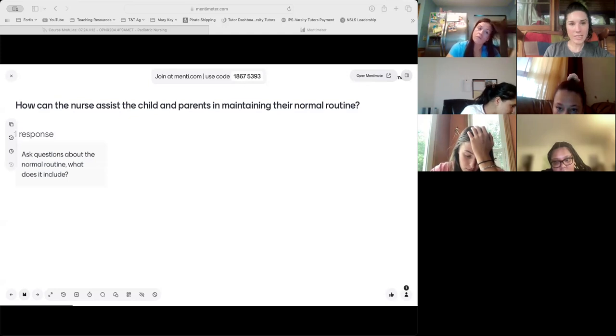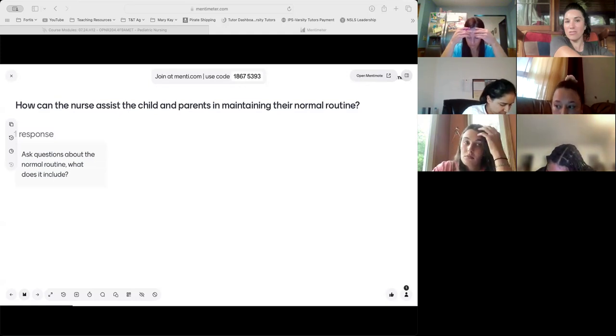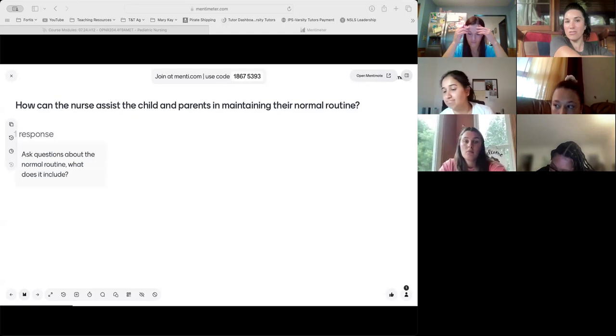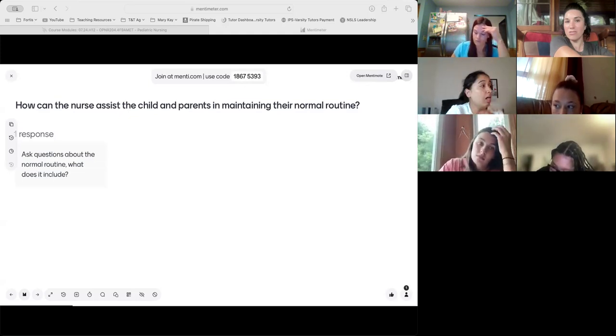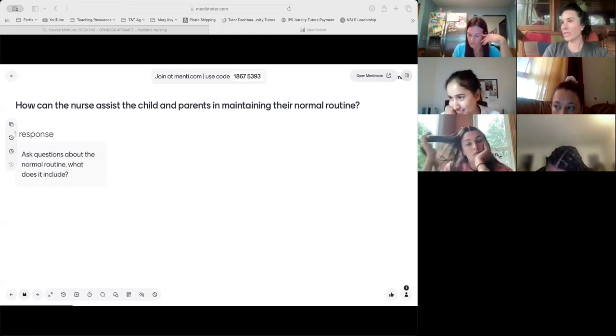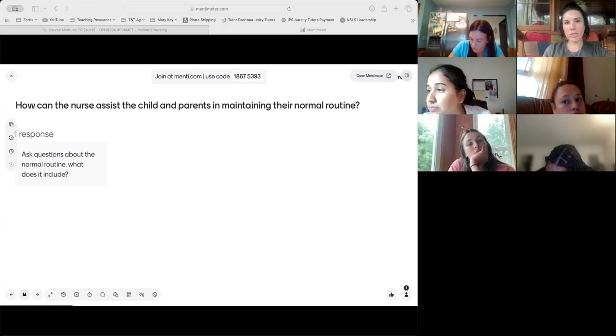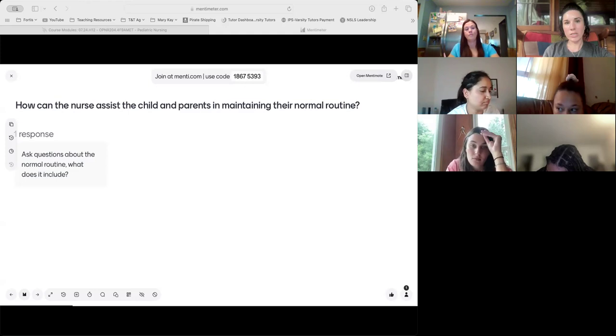Ask questions. What does it include? How do they like things done? What's their normal schedule? Anything that we can do to bring those things from home into the hospital setting is going to encourage them to have that sense of security, even if it's as simple as a security item or bringing their own clothes, wearing their own clothes, especially for an adolescent, that helps them maintain that sense of identity that they're striving for. So, asking lots of questions, implementing any little thing that we can from their normal home routine into ours.